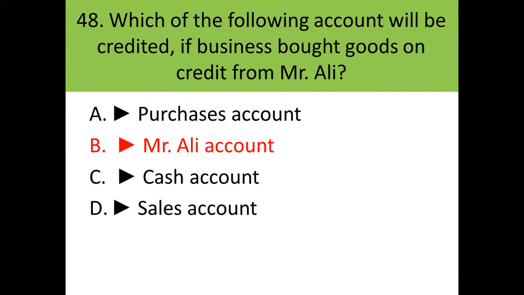Which of the following accounts will be credited if the business bought goods on credit from Mr. Ali? The account which will be credited is Mr. Ali's account as a creditor or supplier.